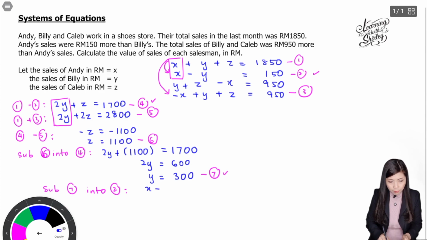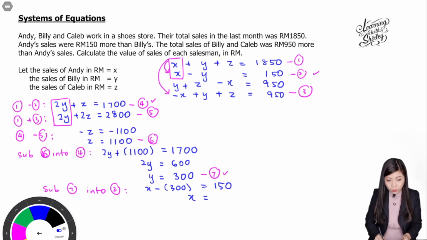So x minus y equals 150. We can find the value of x already. X is 150 plus 300, so we got 450. Now we have the values of x, y, and z.